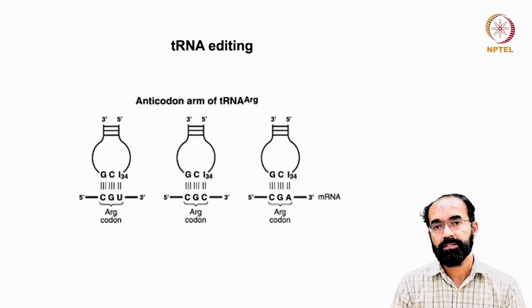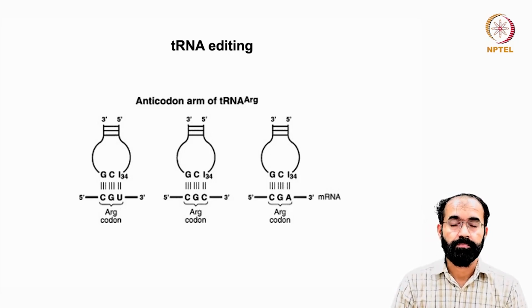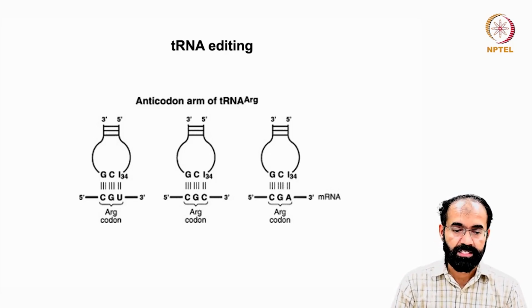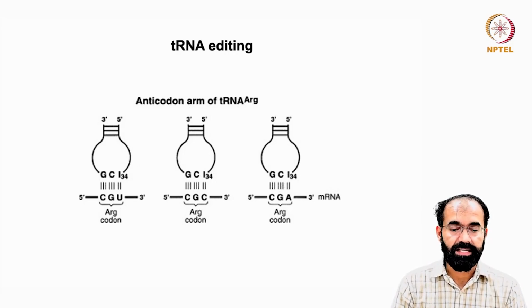This advantage is quite a lifesaver for several prokaryotes or lower order organisms that don't have the luxury of a wide variety of tRNAs. So this GCI conversion is able to cater to the arginine codon, because I is neutral.